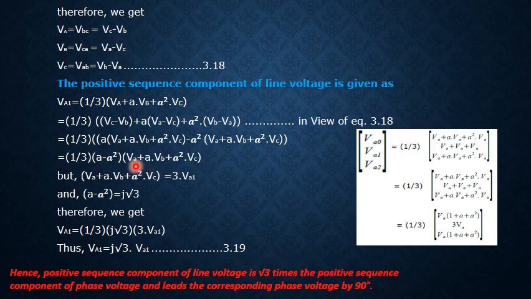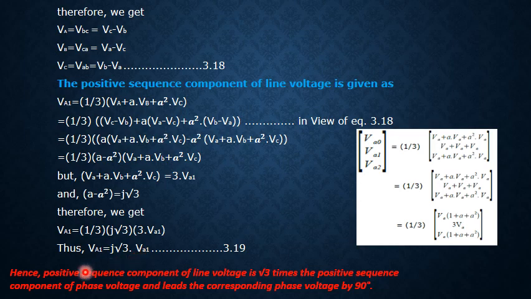Instead of writing this entire equation, I am going to represent it by 3 into Va1. If you further simplify, this 3 and this 3 will get cancelled. What remains is VA1, the line voltage, equal to root 3 times the phase voltage.